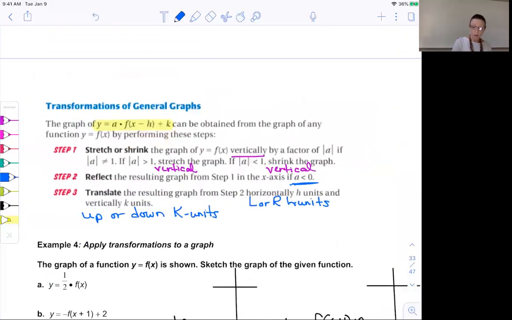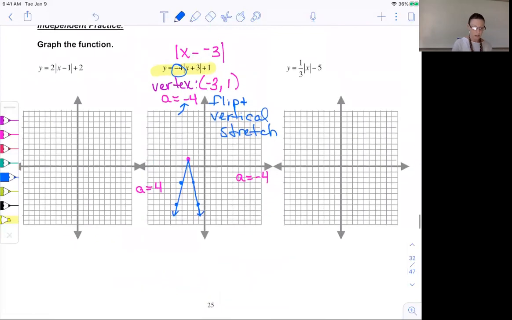So if I go back up to the one we just looked at, I can see that this graph went left 3 and it went up 1, because my k value is moving it up and the h value is moving it left, because it's a -3 for h and a +1 for k.